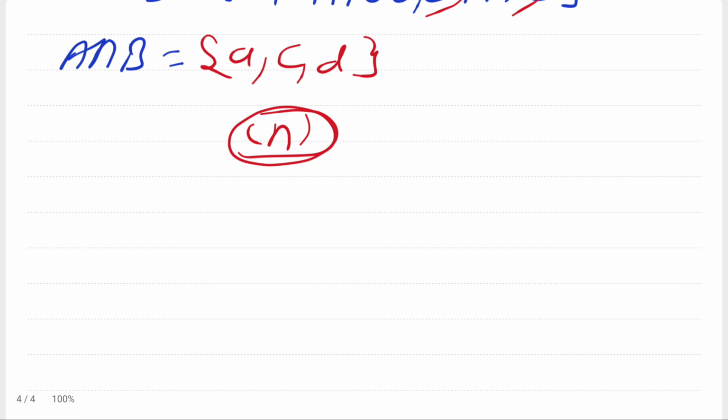Let's write the definition: the intersection of two sets A and B is the set of all those elements which are common to both A and B. I'm telling once again, the intersection of two sets A and B is the set of all those elements which are common to both A and B. In simple language, the element which is common, which is same, we have to represent, and this is called the intersection of sets. That's over.